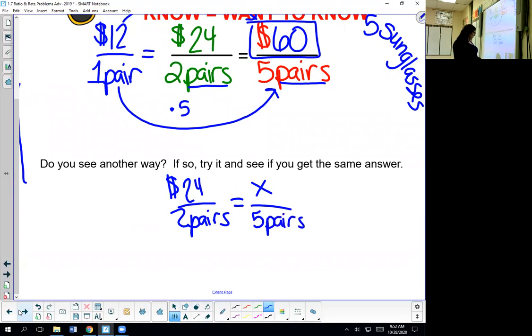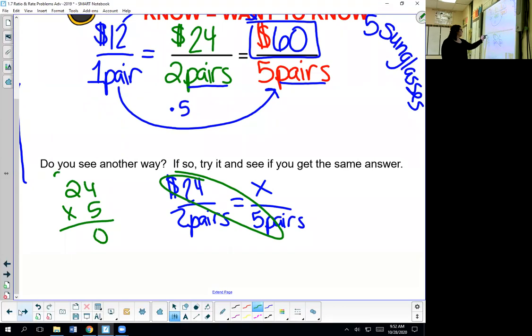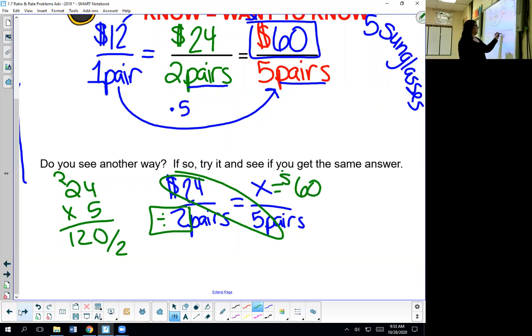So what you could do, which depends on your mood, you can cross multiply. So 24 times 5 is 120. And then I divide by the other number that I didn't use. Well, 120 cut in half is a 6 with a 0. But it doesn't matter because we got the same result, $60. Because this would equal 60.